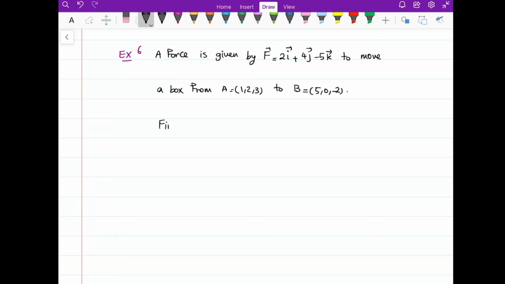Find the work done. Find the work done by F.